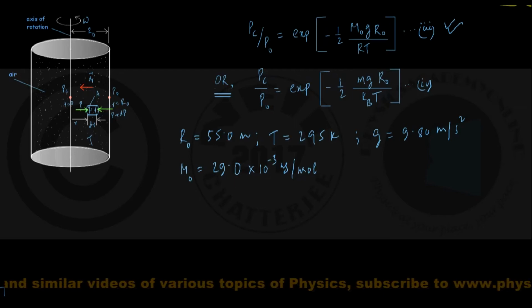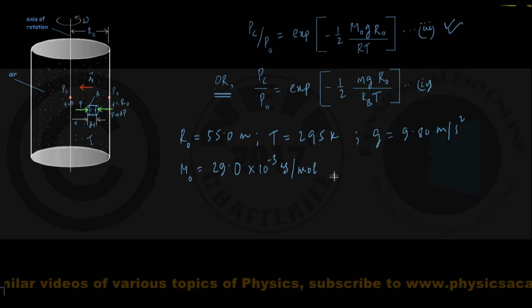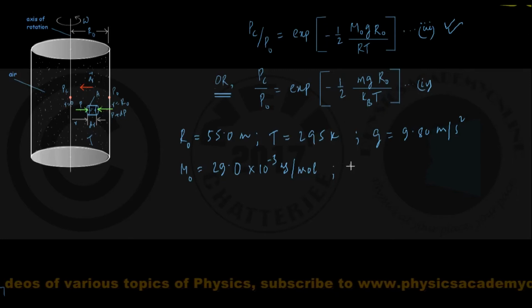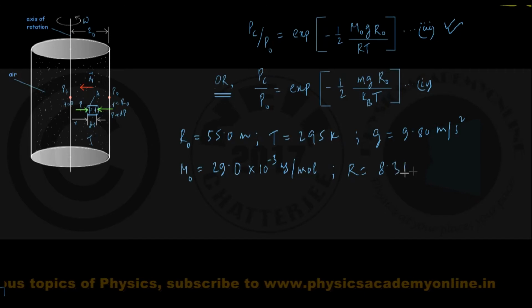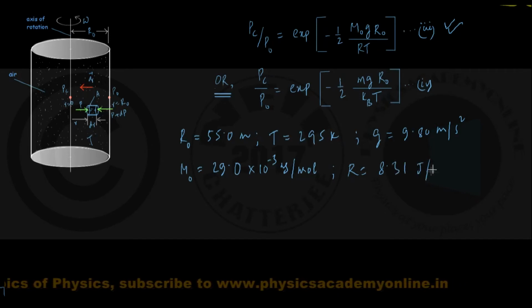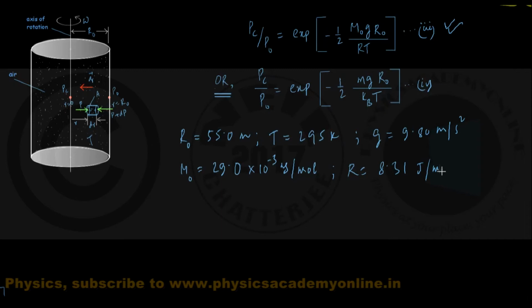And capital R, that is the universal gas constant appearing in the equation of state, its value is 8.31 joule per mole per Kelvin.